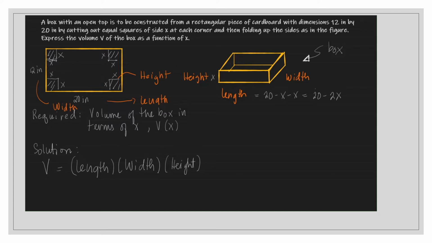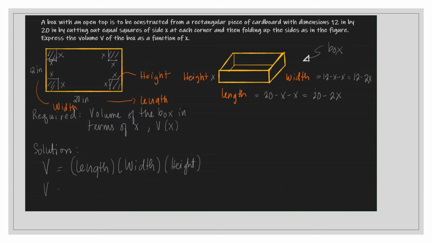Now, the width will be associated with the 12 inches side of the cardboard. And since we will be taking again two squares from the corners, the resulting width will be 12 minus 2x. We will now substitute these to the volume of the box.